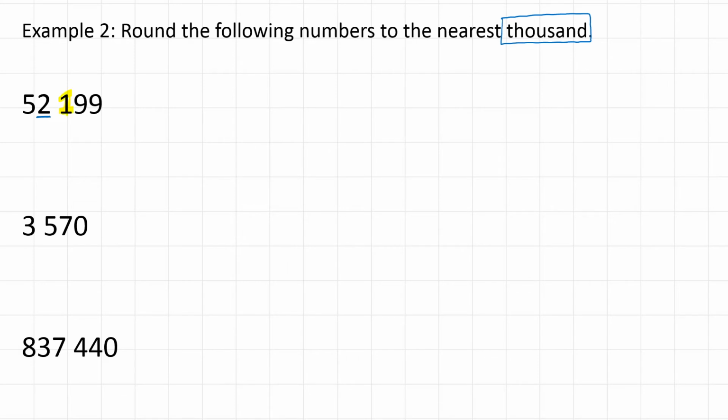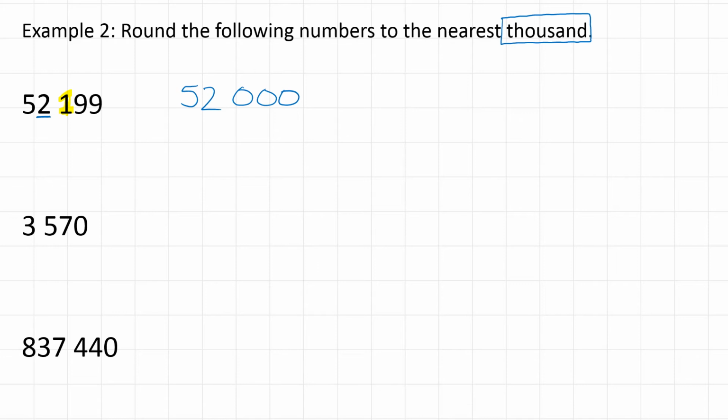And now I'm going to determine whether or not I'm rounding up or if it stays the same. Since that place value in the hundreds is less than 5, it's a 1, my thousands place stays the same. I don't round up, so my final answer is 52,000. And notice the zeros after the thousands place value.